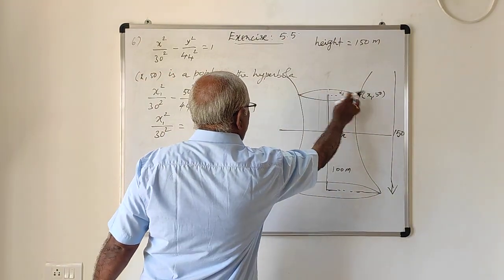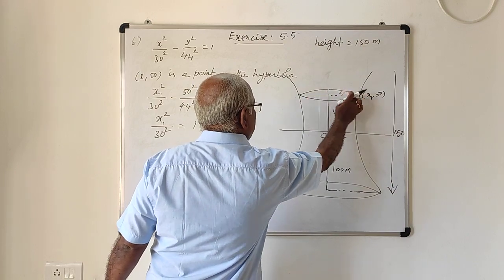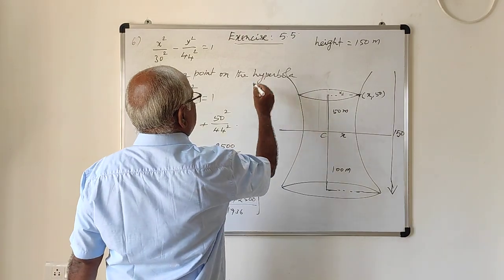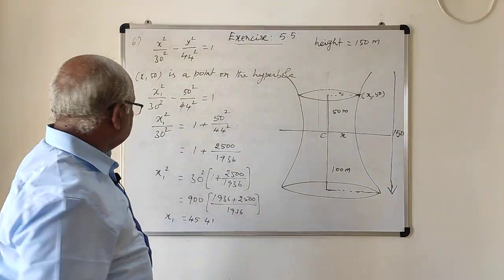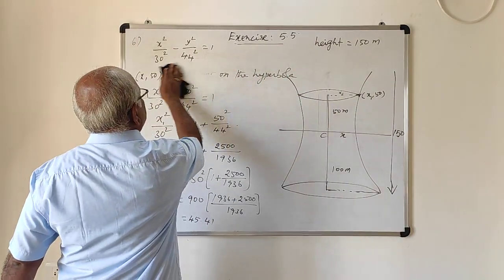But for the diameter we want twice this, since this is the radius, therefore 2x1. Therefore the diameter of the upper half is 2 times x1.